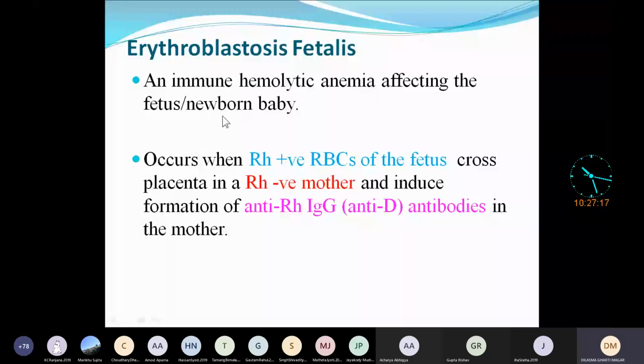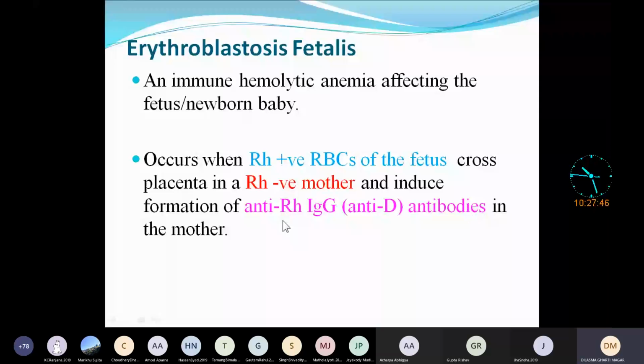Understood here? This erythroblastosis fetalis occurs when the Rh positive RBCs of the fetus cross the placenta in an Rh negative mother. Now the Rh positive RBCs go to the mother, who has to be Rh negative, and so it will lead to the formation of anti-D antibodies.